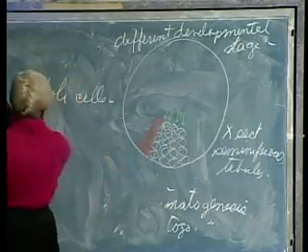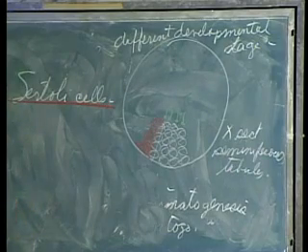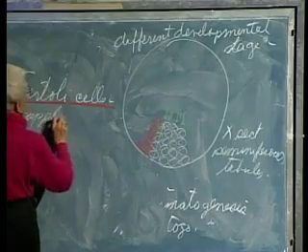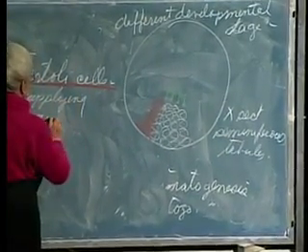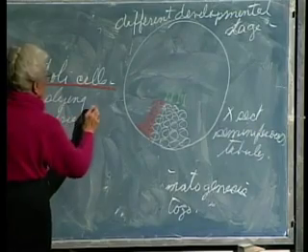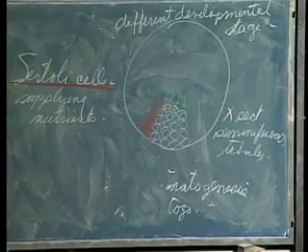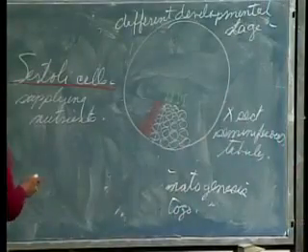This will be our Sertoli cell. They will be supplying nutrients and maintaining the hormonal level for these developing sperm.